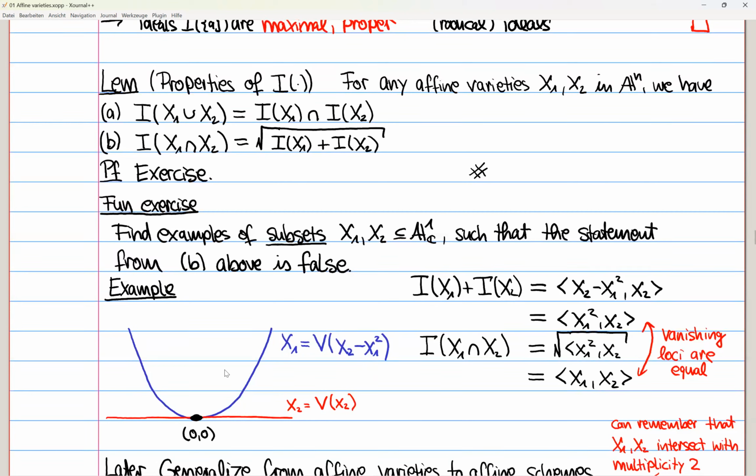So this is basically the parabola, y equals x squared. And the second affine variety is just the vanishing locus of x2, so basically where y is equal to 0, like this. And so if you intersect them, then geometrically you see you get just the origin.